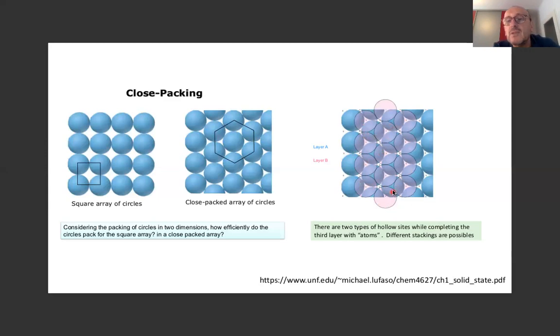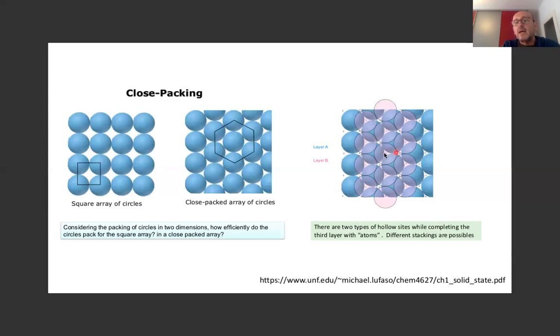But there's something interesting here, because in the hollow sites they have two options. I have one hollow site on top of an atom of the first layer, and I have a hollow site on top of an empty site.